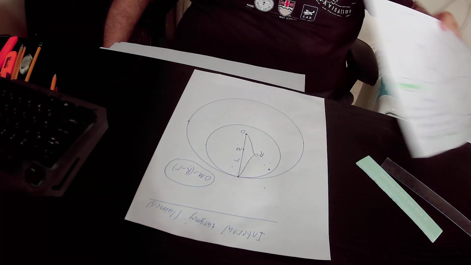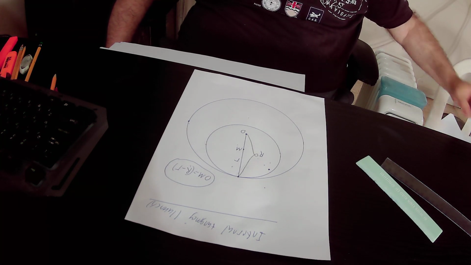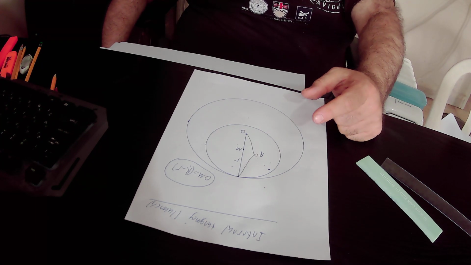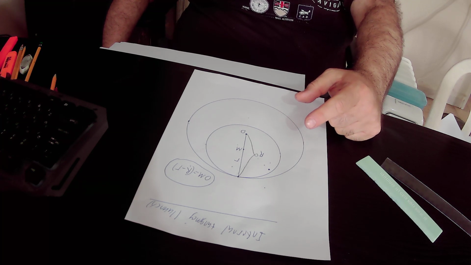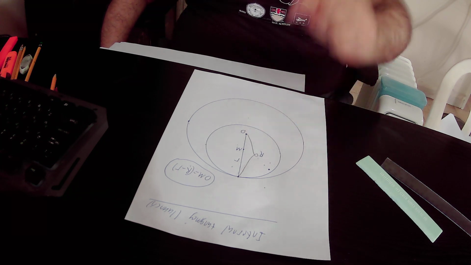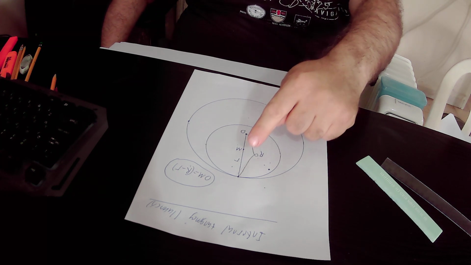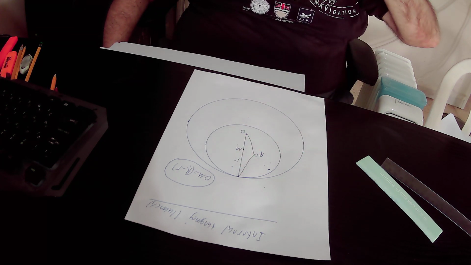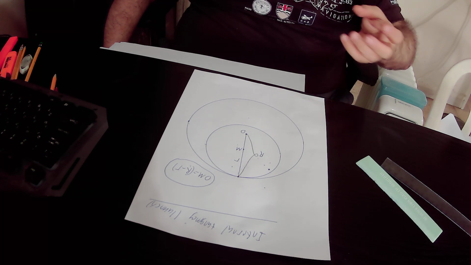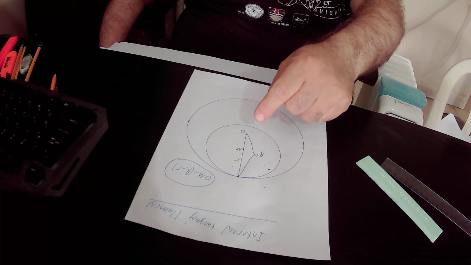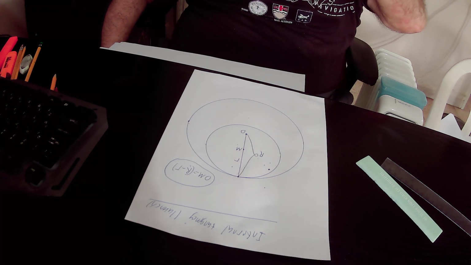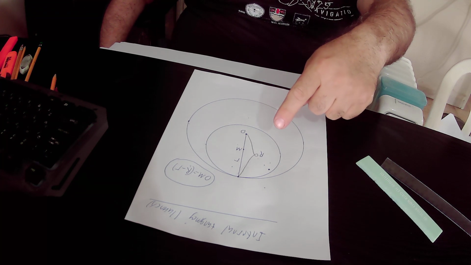And the second type of tangency, or the second type of touching between two circles at one point, is defined as internal tangency, and it is when they are touching each other internally, like in this drawing. This is the point of tangency between the two circles, and in this case, the distance between their centers, that is to say the length of AO, will be equal to the difference between the lengths of the radii.